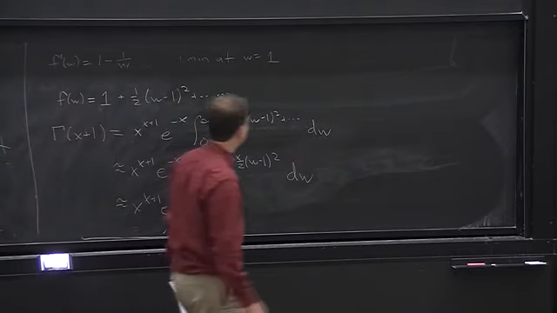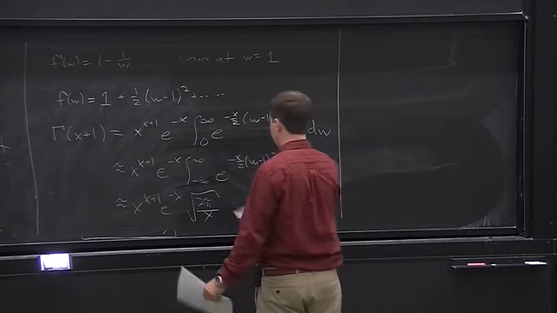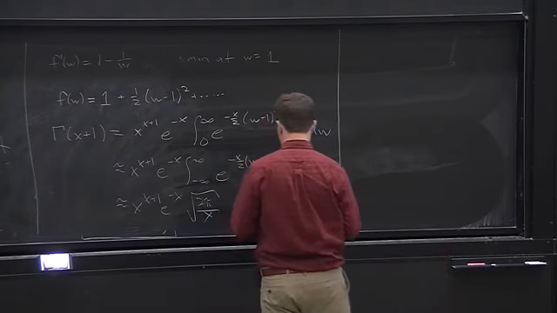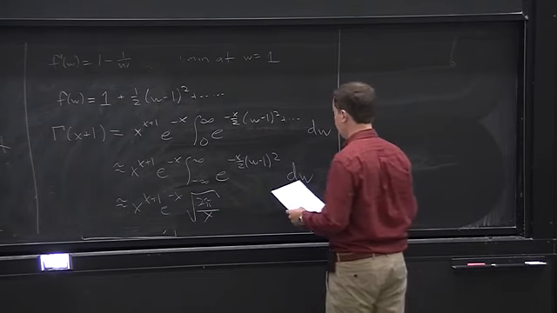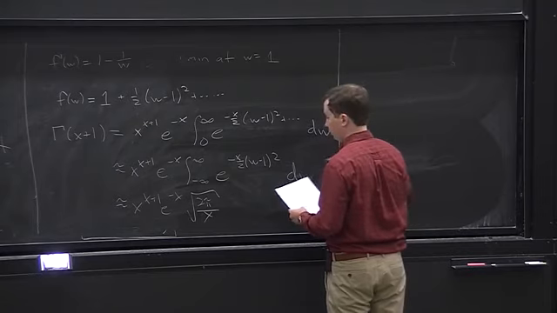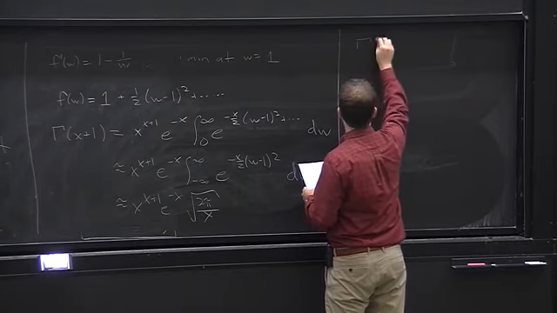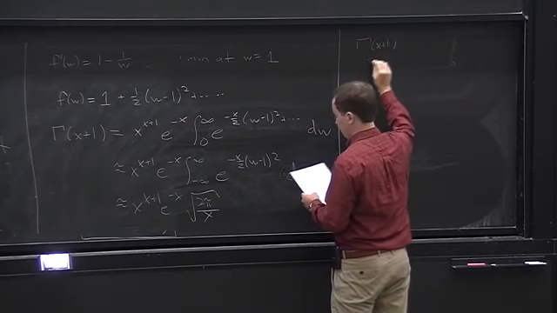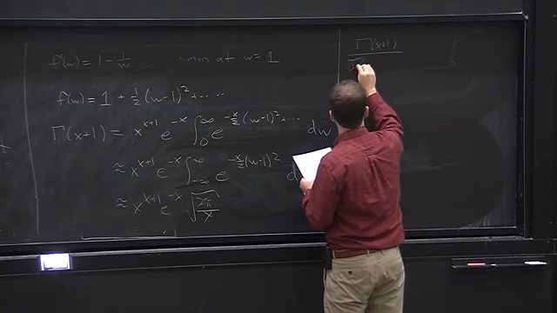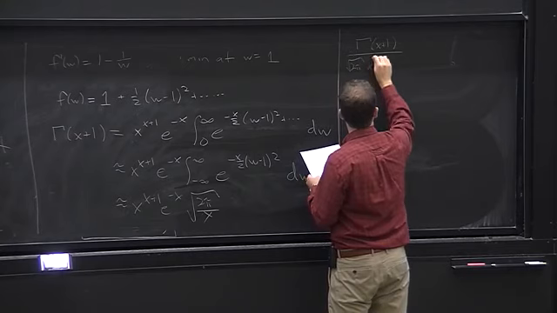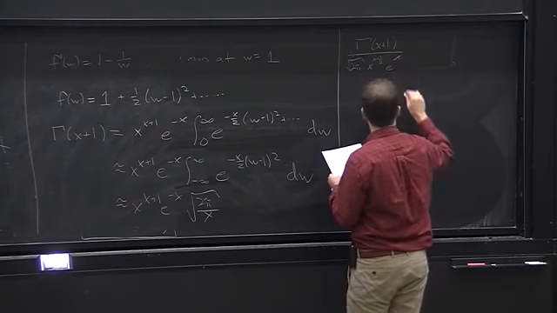And so that's what we get here. And so this gives us an asymptotic relation for gamma of x plus 1 over root 2 pi x to the x plus a half e to the minus x.